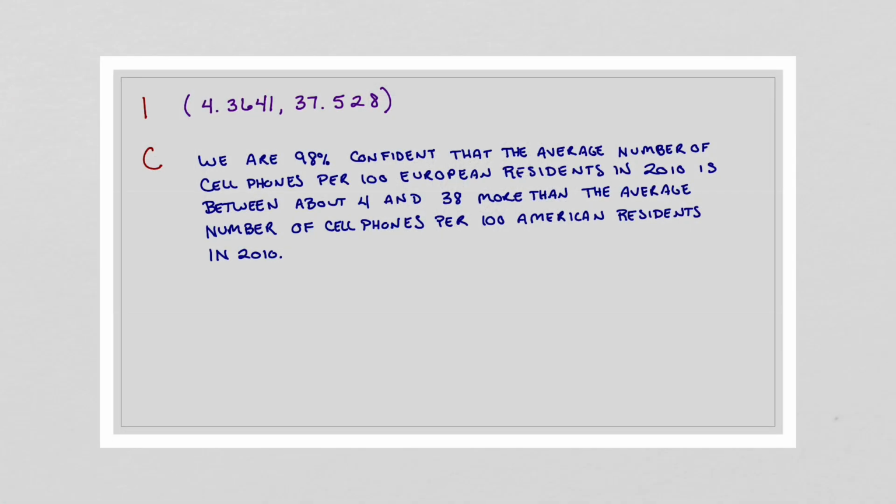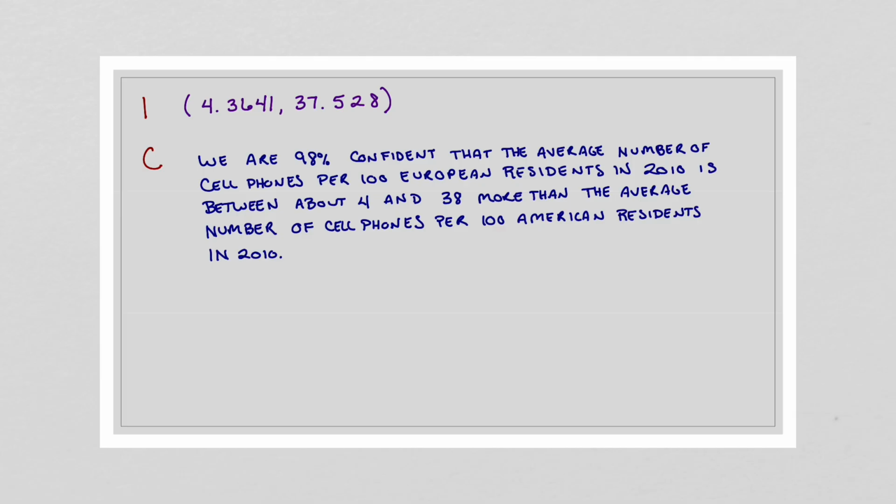So I've pulled in our information from our calculator, and we would state or summarize our interval like so. We are 98% confident that the average number of cell phones per 100 European residents in 2010 is between about 4 and 38 more than the average number of cell phones per 100 American residents in 2010.